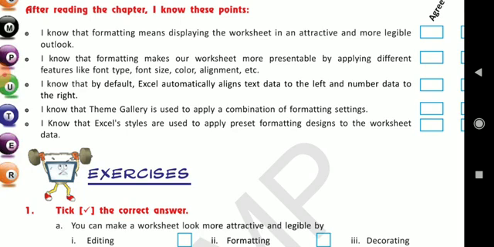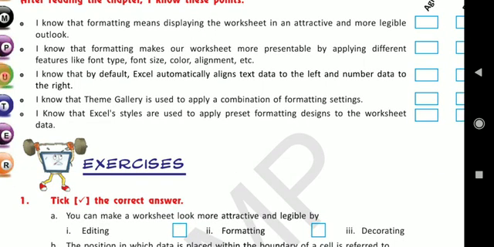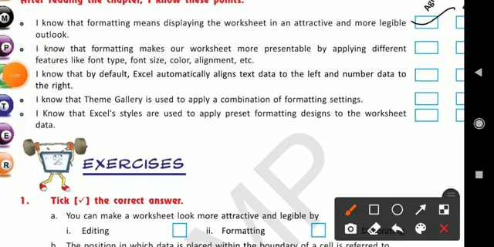I know that formatting makes our worksheet more presentable by applying different features like font type, font size, color, alignment, etc. Of course, formatting makes our worksheet more presentable. It looks more attractive when you keep it in front of someone, because there are features like font type, font size, color, and alignment. You can change the alignment, the color, and the type and size also.